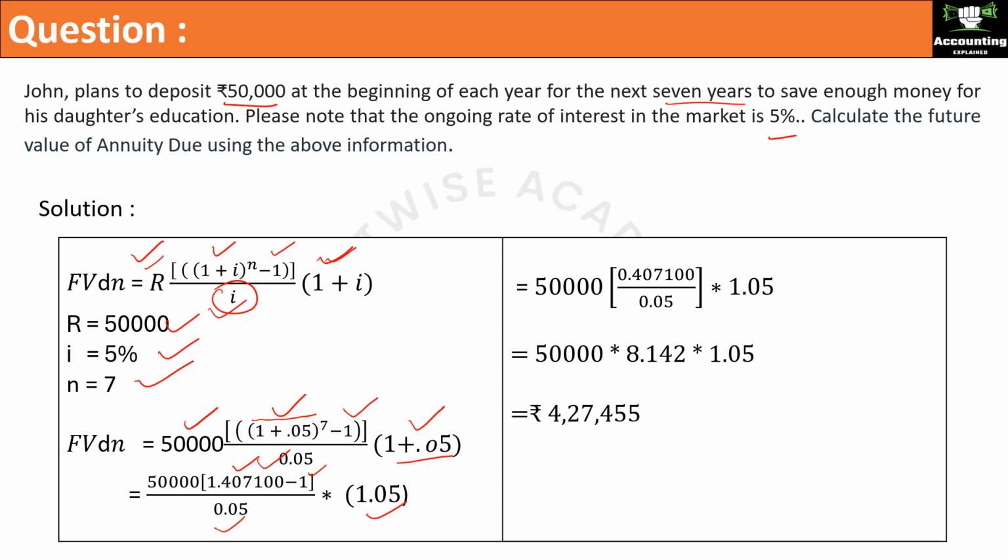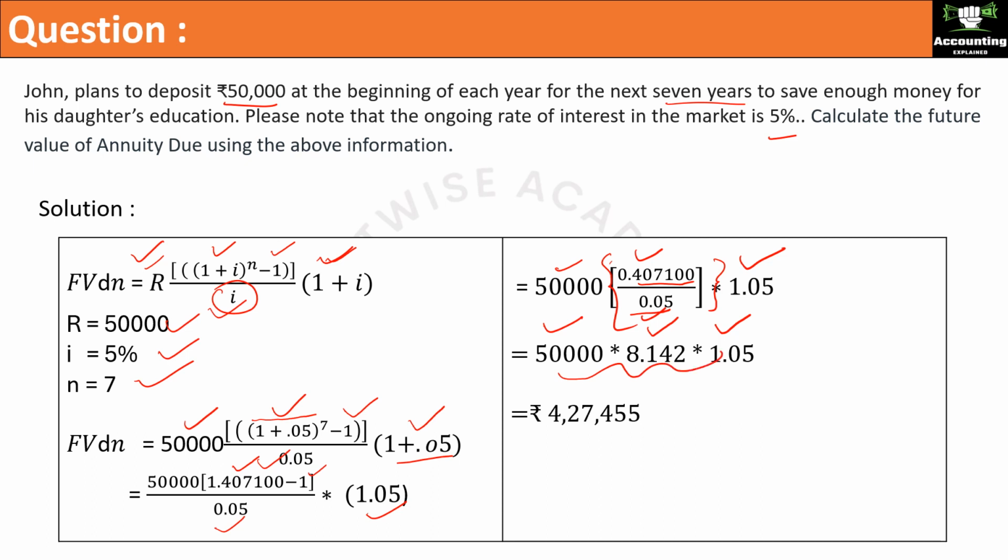What is 1.407100 minus 1? It is 50,000 into 0.407100 into 1.05 divided by 0.05. So we have to divide this. When you divide 0.407100 by 0.05, it is 50,000 into 8.142 into 1.05.